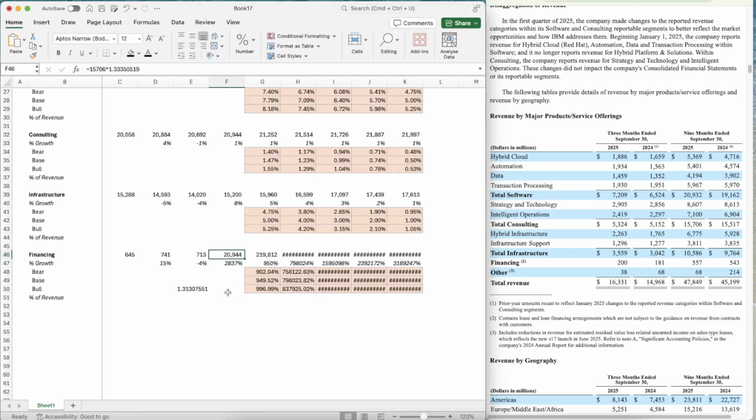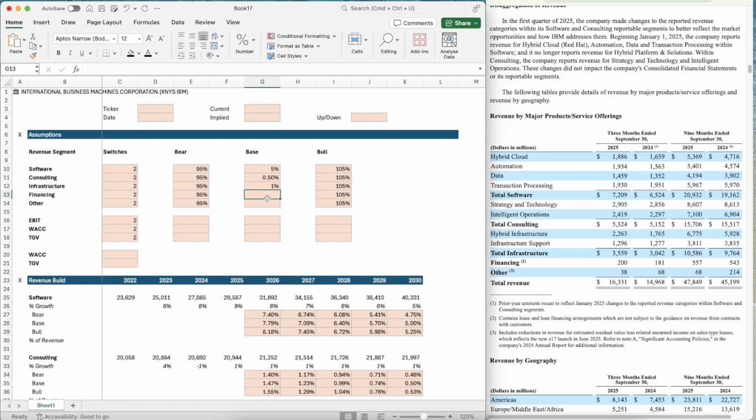1.313 equals 1.31307551. Okay, and let's put 3%.